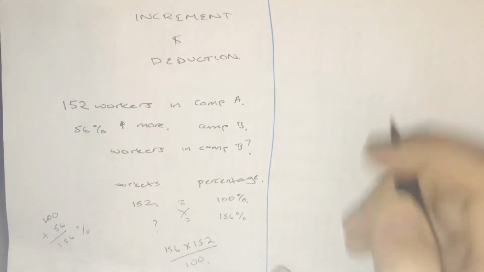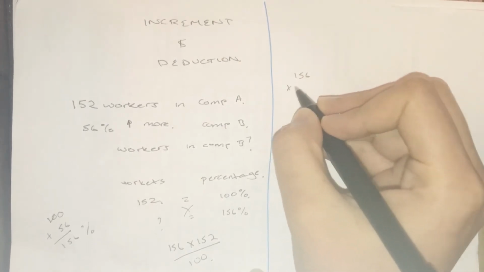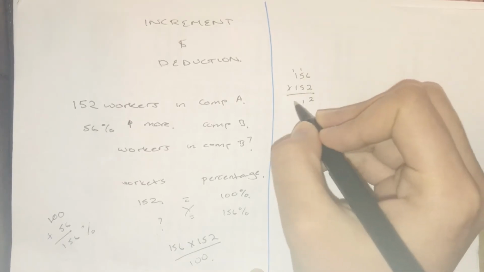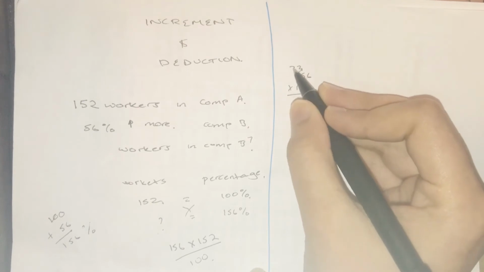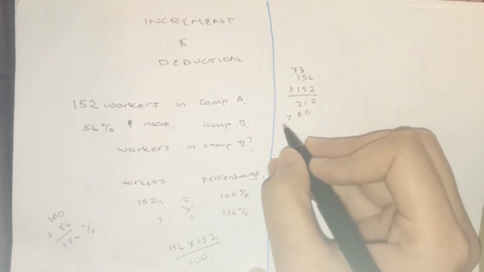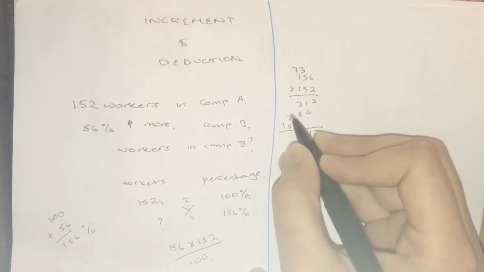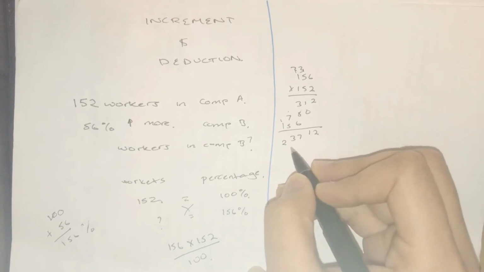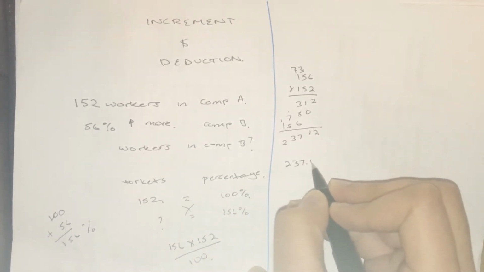Okay, so let's continue here. So 156 times 152, divide by 100, you get 237.12.